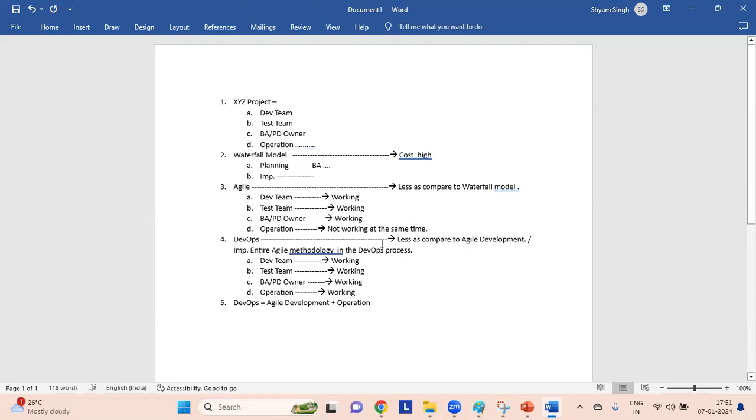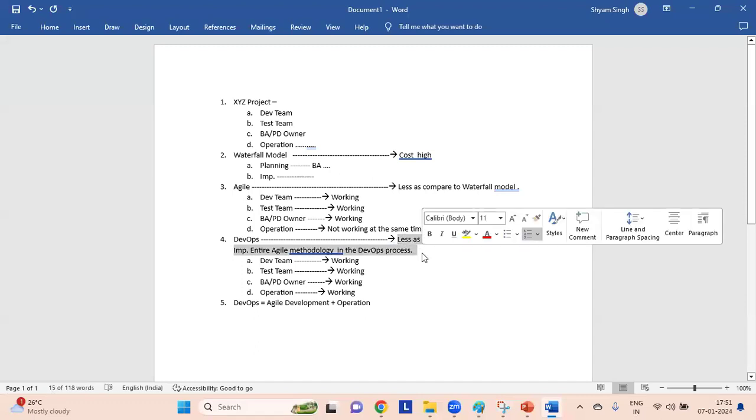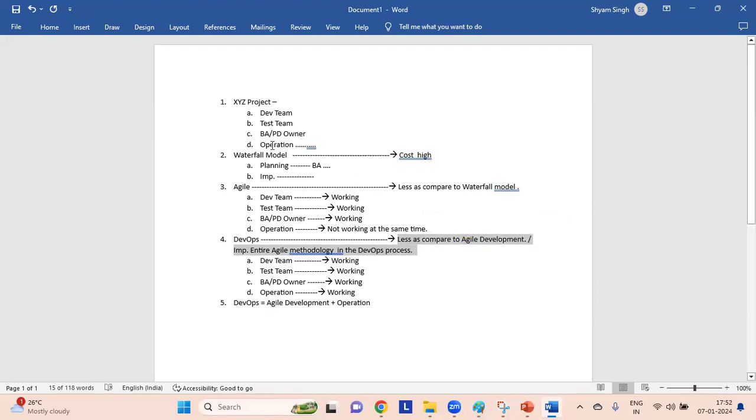So due to that reason, especially in front of the stakeholders, this is the most adaptable and very fast process as compared to agile and waterfall model, or whatever the previous model may be. Okay, guys, clear? Is it clear or not? You can type your message yes or no.